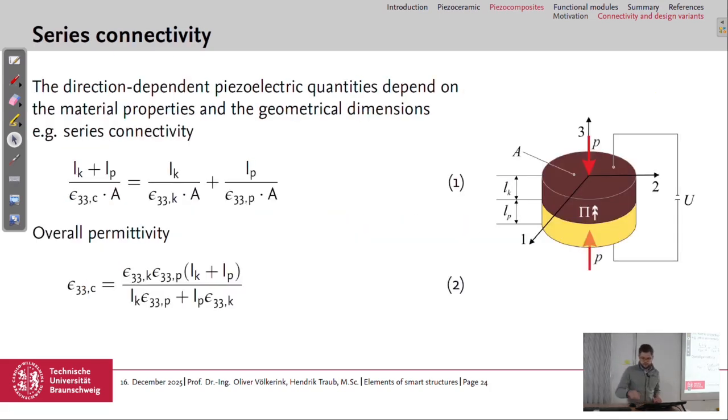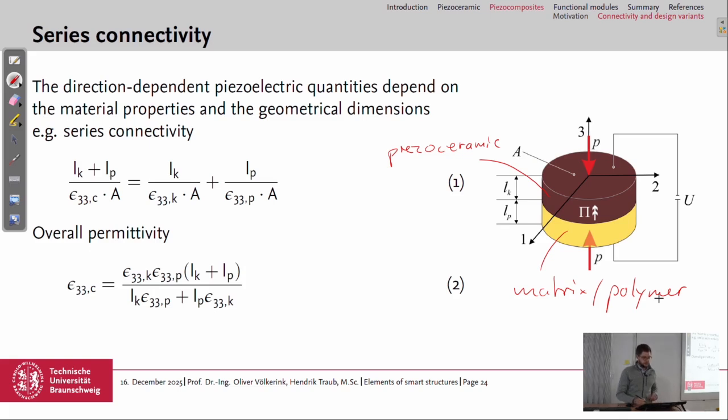Then we can have a look at what the connectivity means for the overall permittivity. We can have this kind of connectivity. So we have here the piezoceramic, and in yellow we have the matrix or the polymer.